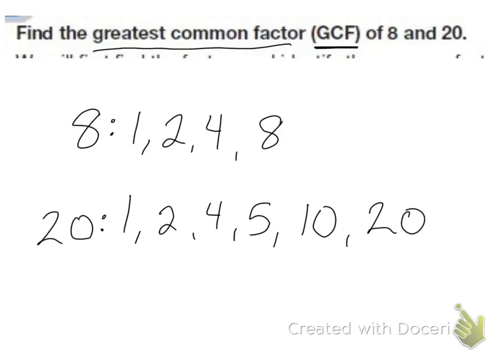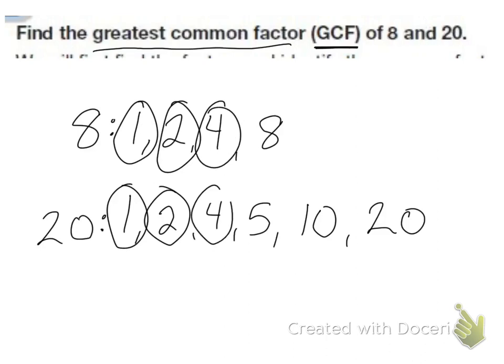Let's go ahead and circle the common factors. 1 is the same, 2 is the same, 4, and that's it. So the greatest common factor is the largest number that is a factor of both. In this case, it's 4. So the greatest common factor is equal to 4.